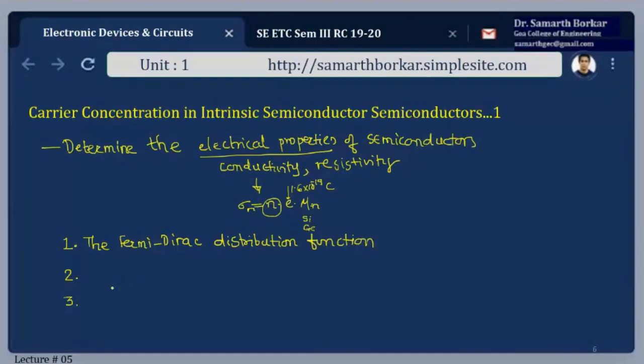Then second, the Fermi levels, and the third, electron and hole concentration at equilibrium.